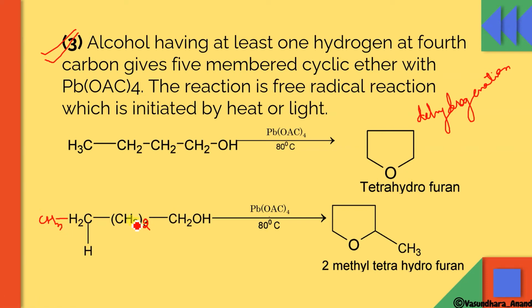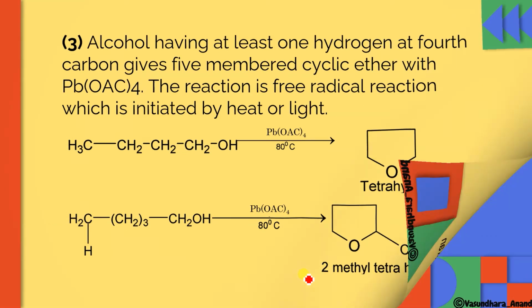So here 1, 2, 3 and this is 4th carbon, this is 5th carbon. So the 4th carbon, let it have 1 hydrogen only. This H and this H will go out as H2 and it will form the cyclic ether. The CH3 will be outside. So this will form 2-methyl tetrahydrofuran. I hope you got it, how to make it.